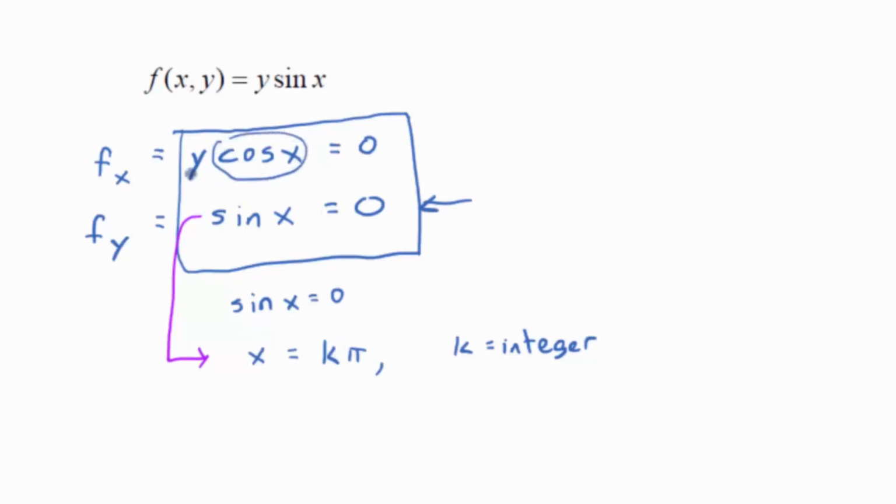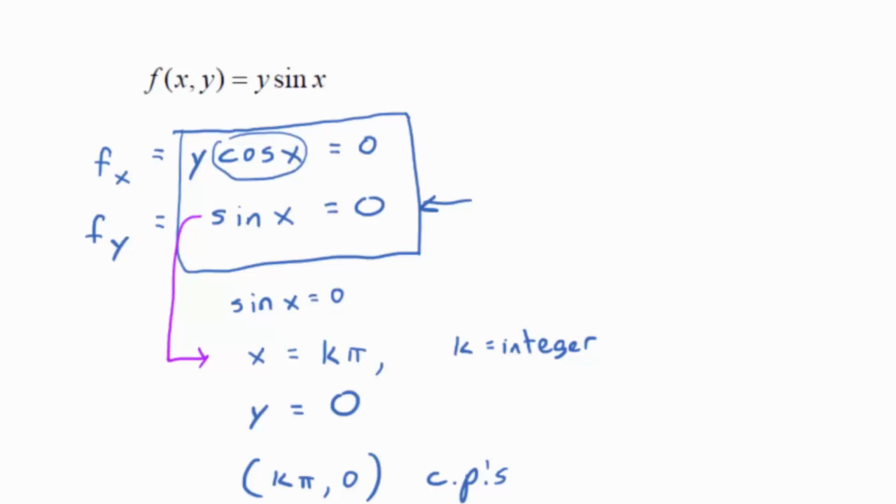So it's really just y equaling 0 that gets you the other solution to the system of equations. So this is actually an infinite number of solutions, isn't it? So your critical points are k times pi, comma 0. I'll call them CPs for short.